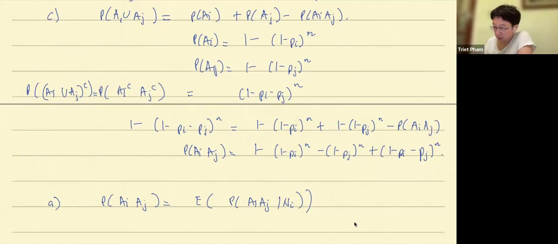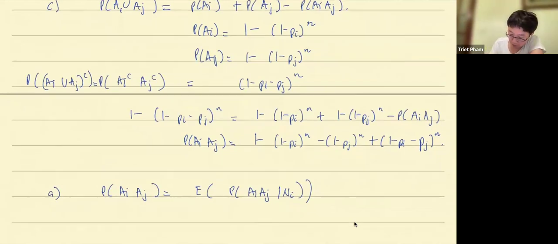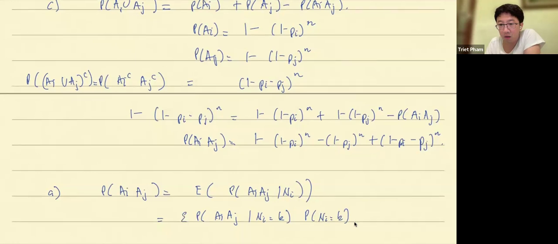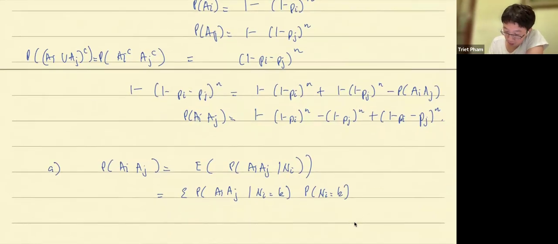So first thing is to develop the formula. Because again, we're just going to go through the cases. Ni can take any values from 0 to n.